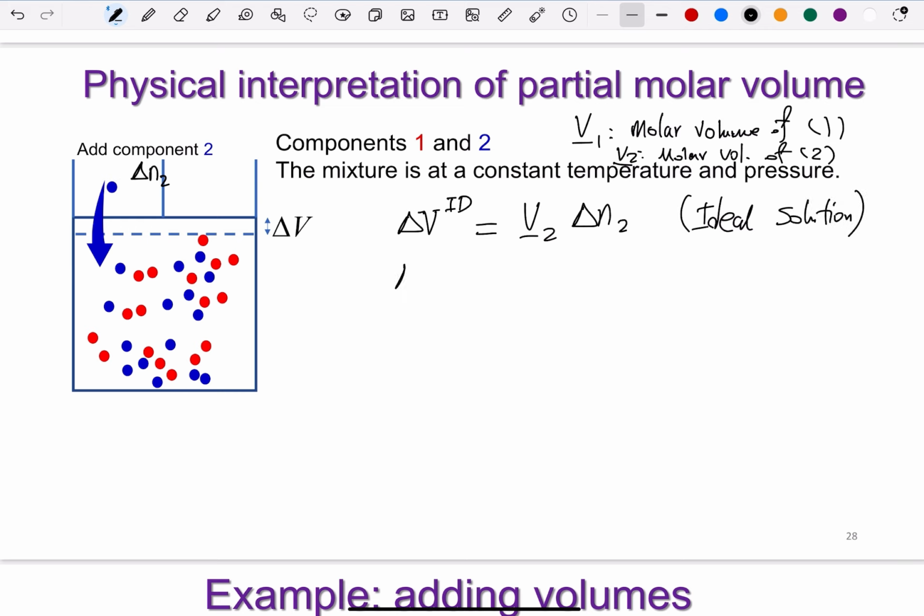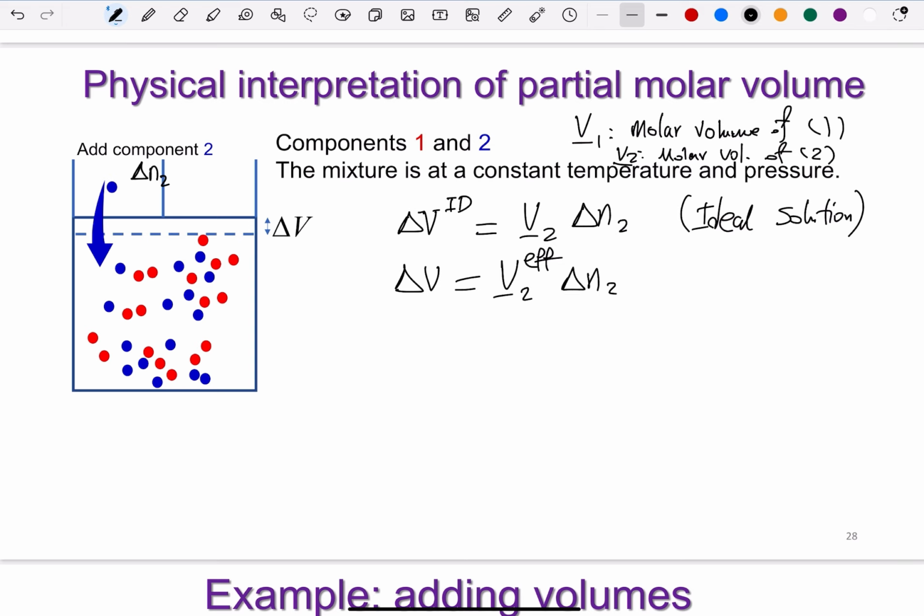In the real case, we can write it as V2 bar effective times delta N2, because you know that the volume is not going to change based on the ideal solution. So that's the idea.